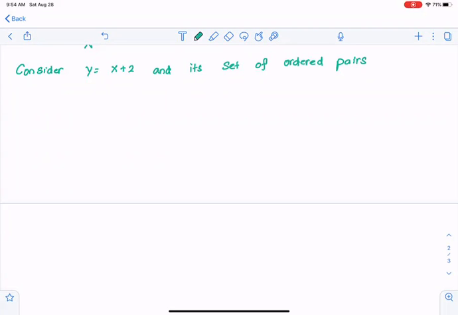So we will have the set of ordered pairs (-2, 0), (-1, 1), (0, 2), (1, 3), and (2, 4).